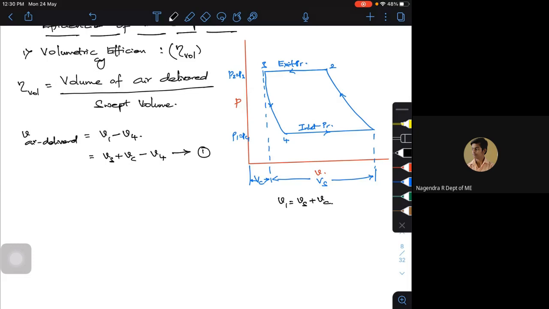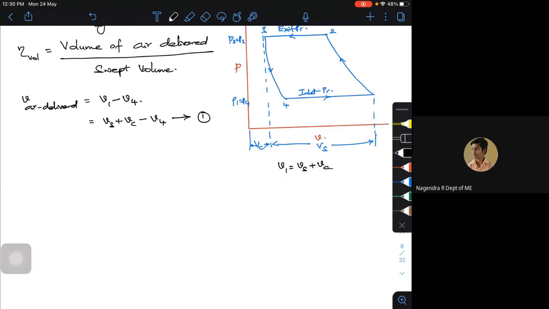Now consider the process 3 to 4. It's a polytropic process, I know.